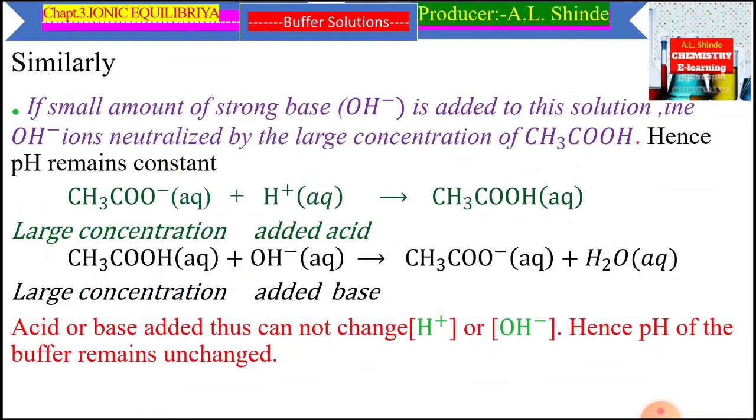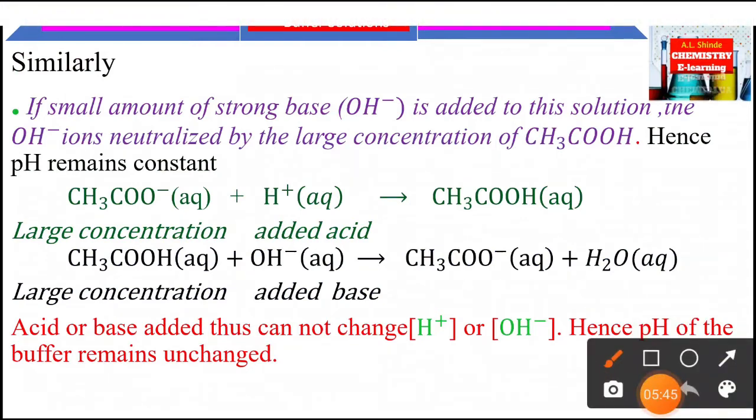Now we can see these two reactions, that is, the formation of acetic acid and the formation of acetate ions. That means the addition of acid and the addition of base. We can see first the acetate ions, that is, addition of acid.